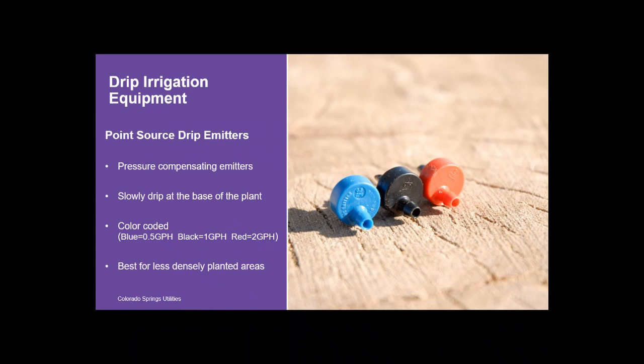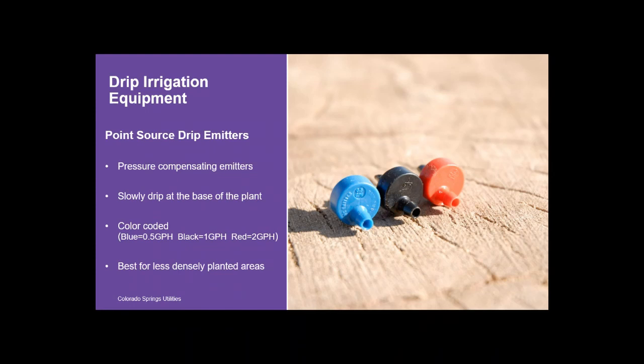So again, going back to the manufacturer and sticking with it, this manufacturer has this color coding system. Another manufacturer may have another coding system. So it's really most beneficial to stick to one manufacturer as you either install a new drip irrigation zone or retrofit a drip irrigation zone.